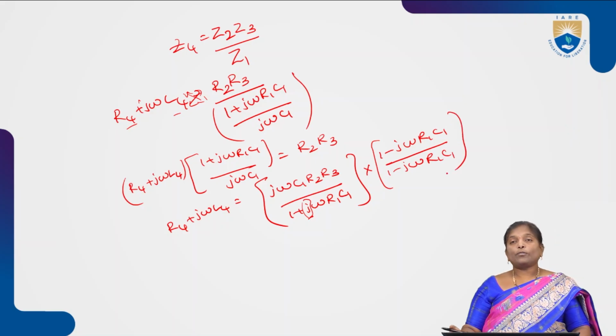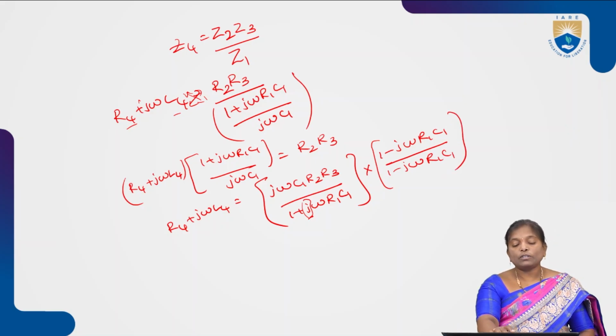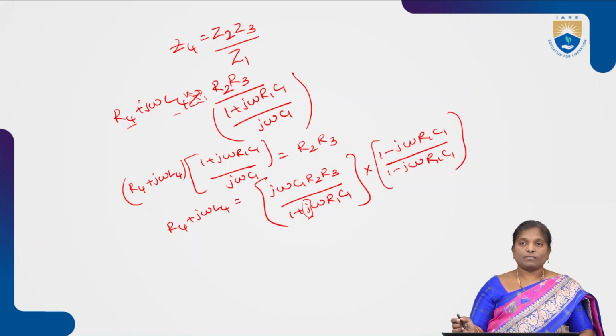Okay. R4 plus j omega L4 equal to j omega C1 R2 R3 by 1 plus j omega R1 C1. For this equation, the denominator consists of an imaginary term. To remove the imaginary term in the denominator section, we have to multiply the entire equation with 1 minus j omega R1 C1 by 1 minus j omega R1 C1.